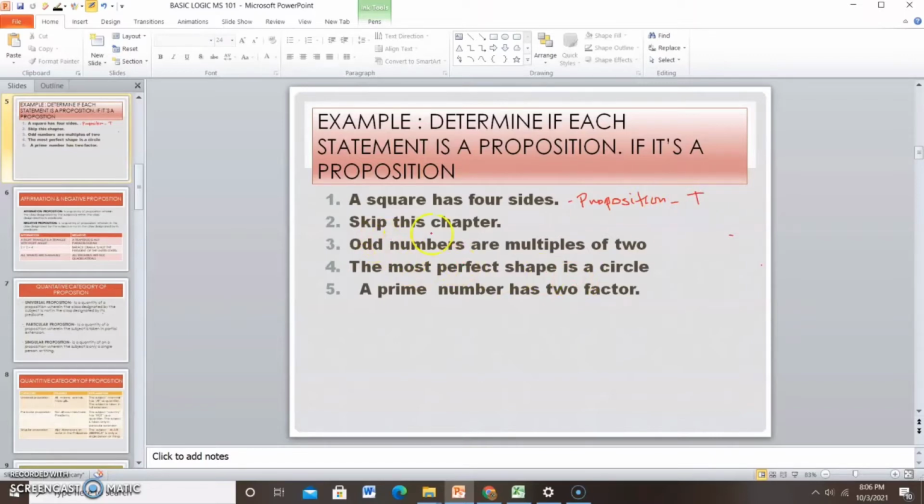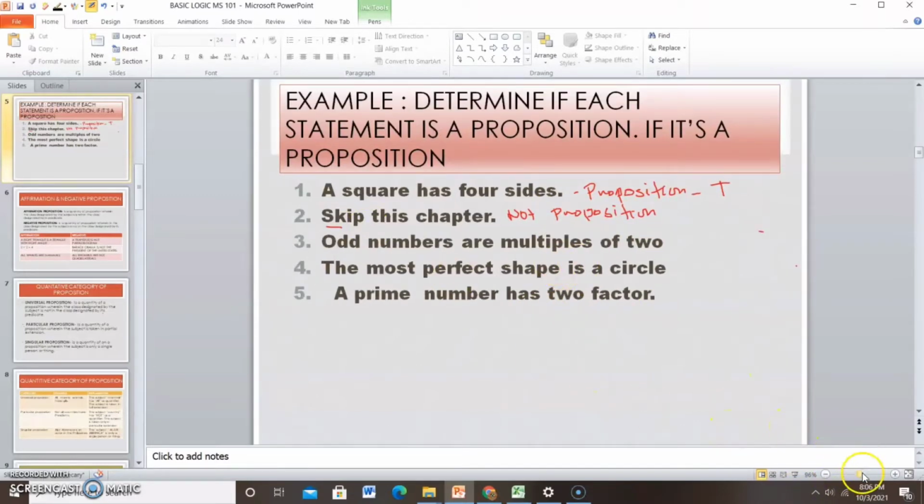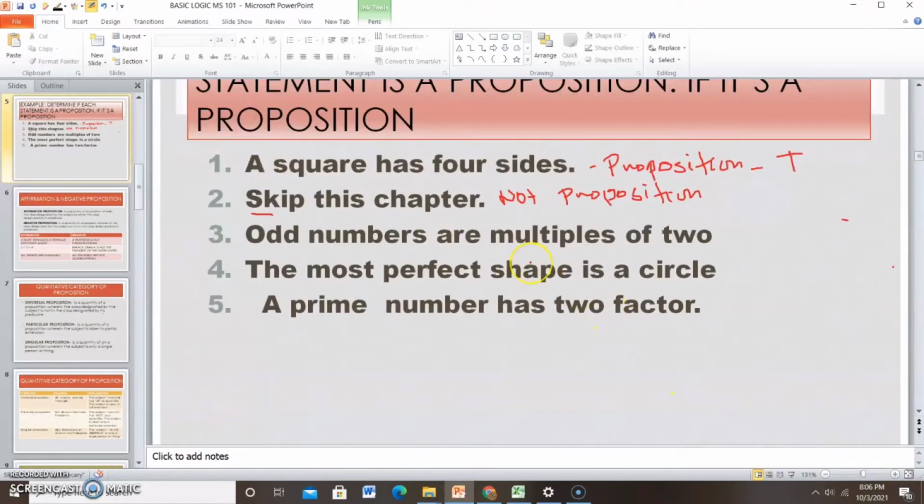Next, keep this chapter. This sentence is not a complete thought, so it is not a proposition. Next, number 3, odd numbers are multiples of 2.